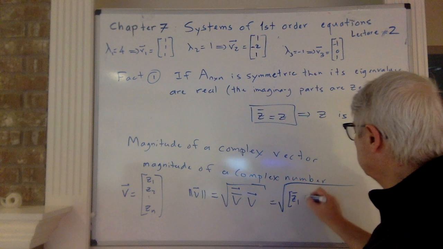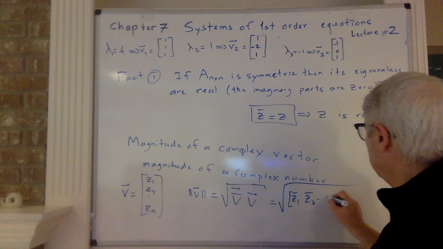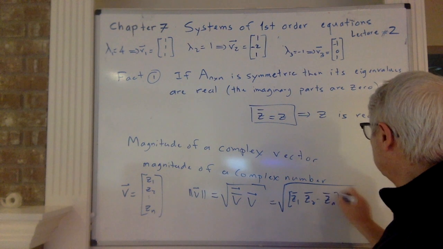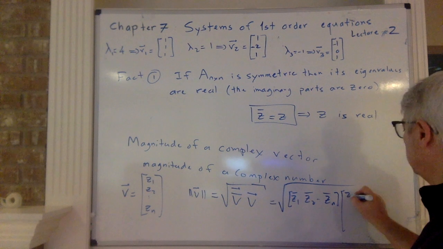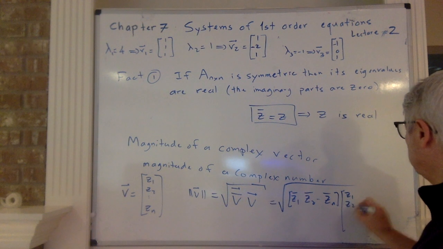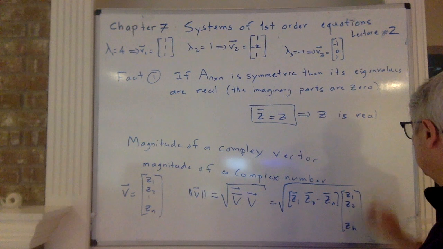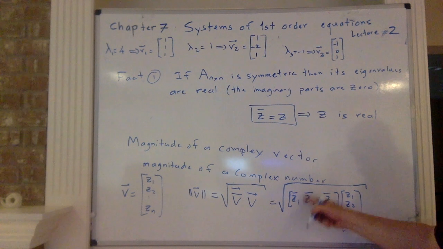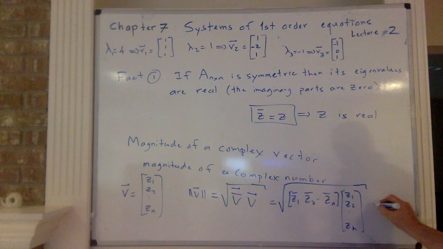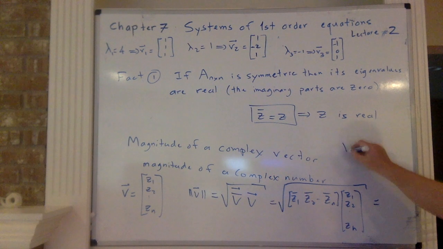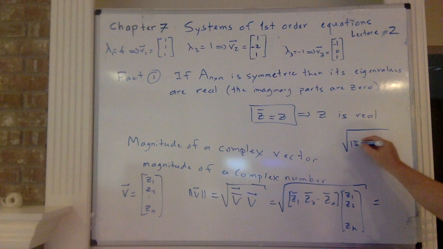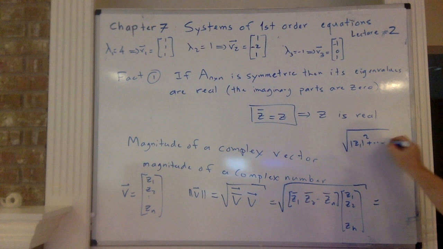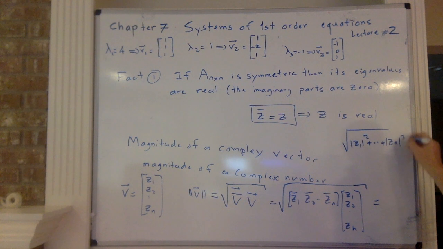So it is something like Z1 bar, Z2 bar, Zn bar times Z1, Z2, Zn. And remember, Z1 bar Z1 is the magnitude of Z1 squared. So this will result in the square root of the magnitude of Z1 squared up to the magnitude of Zn squared.